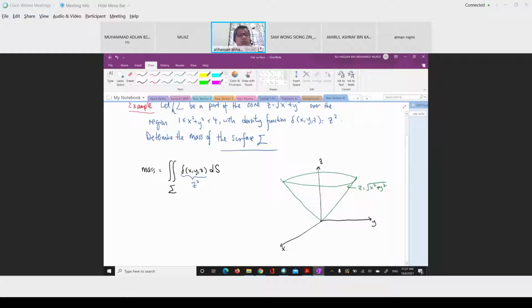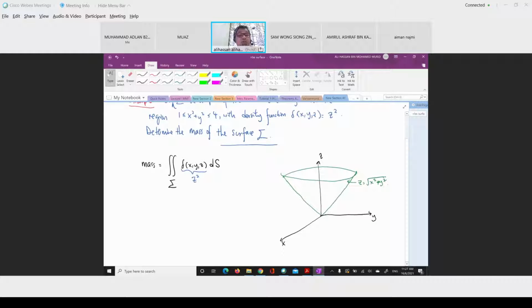We know that x squared plus y squared equal to 1 is a circle, centered at the origin with radius 1. So this blue circle on the xy plane has the equation x squared plus y squared equal to 1.